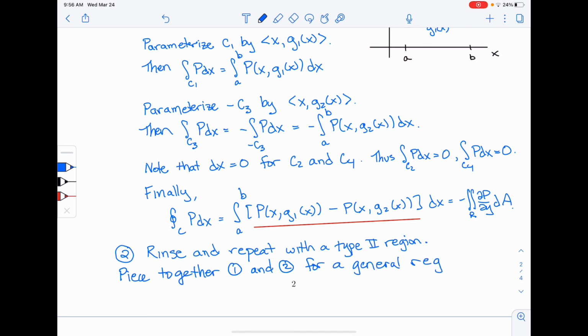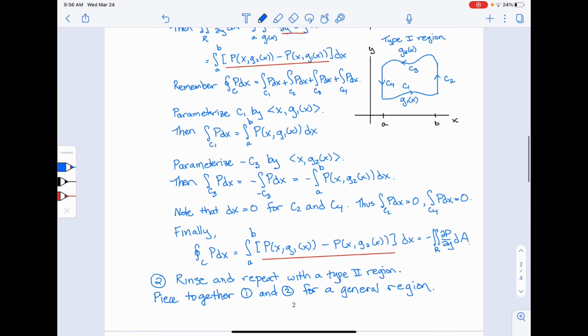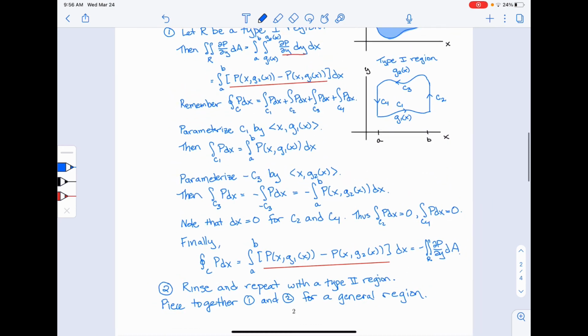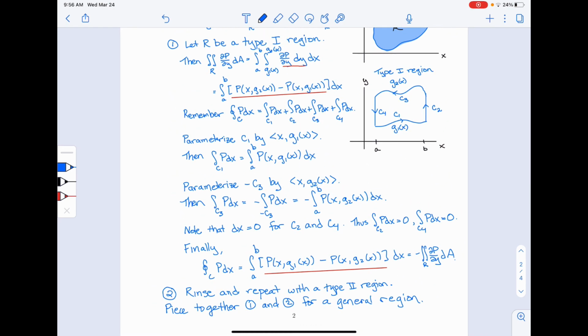Okay, so what I've done is just giving you a glimpse into how you prove Green's theorem, by proving at least one half of it for the type 1 region. You would have to then prove the other half of it for a type 2 region, and then piece the two together for a general region.